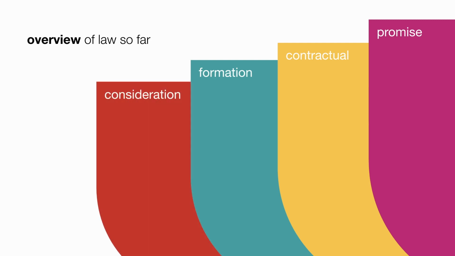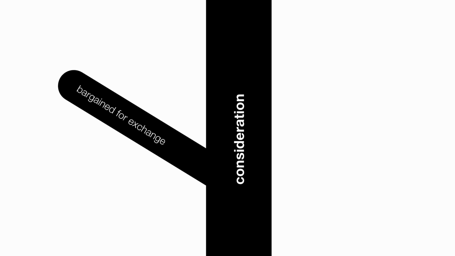We said then we need to identify what consideration is in order for us to know whether the promise is supported by consideration. So we defined consideration as having two broad elements. The first being that the promise must be part of a bargained for exchange.